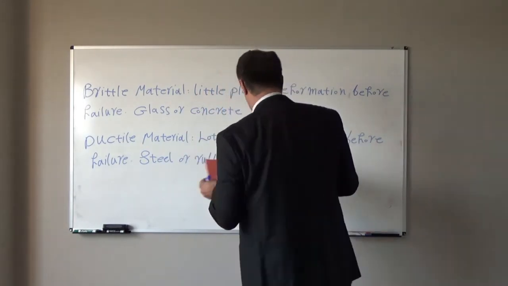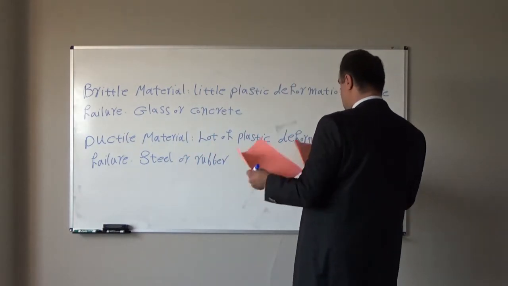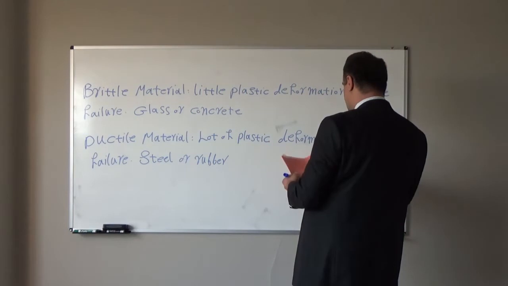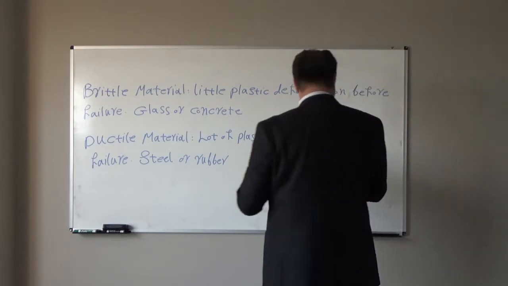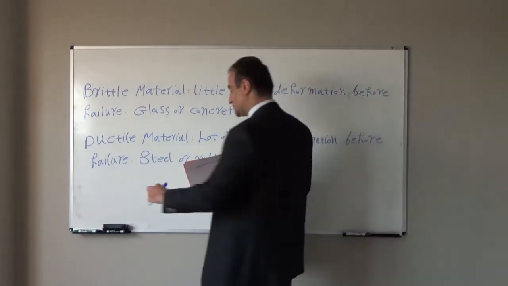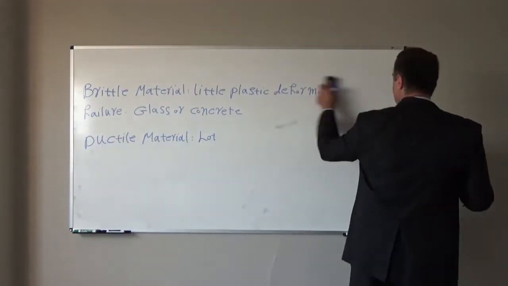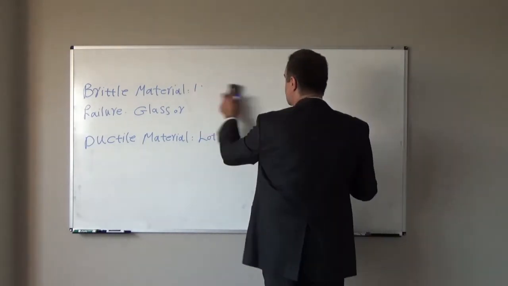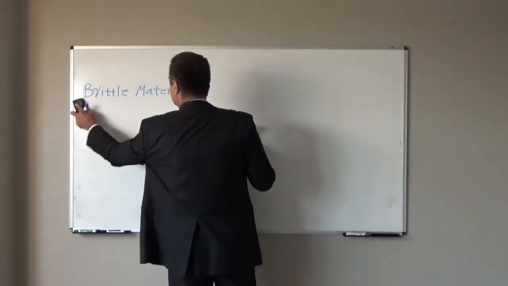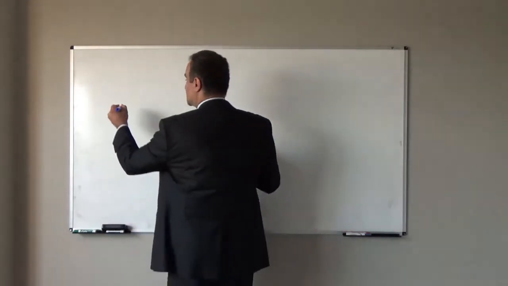So let's come back to our stress strain curve one more time and show the different points, because now we know the definition of those points. If we have one specimen or sample, under tensile test we apply tension force.